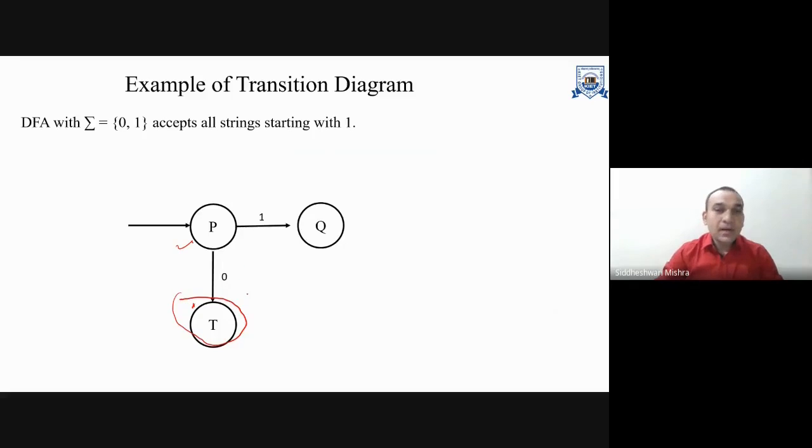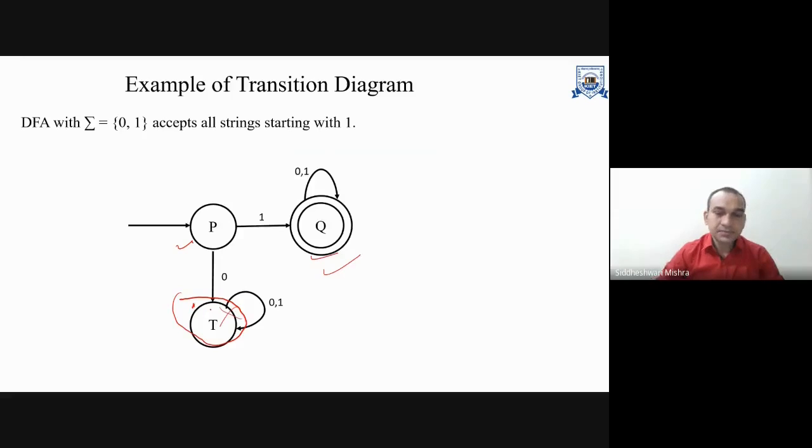That's why this can become your trap state or dead state. Our useful state is Q only, because our condition is that we have to start from 1 only. So the state Q is useful, and the state T is not useful. That is your trap state. So Q becomes your final state. So this is the DFA which accepts strings always starting with 1.